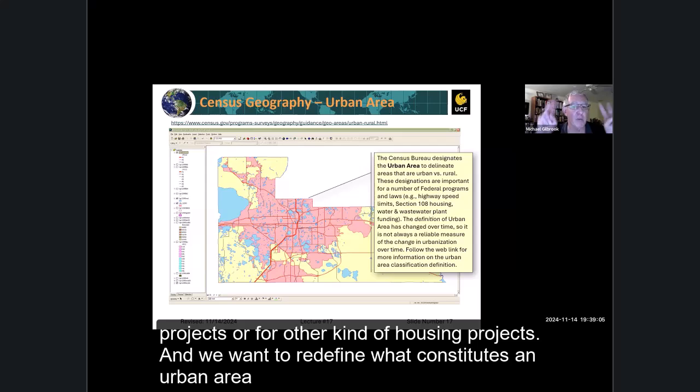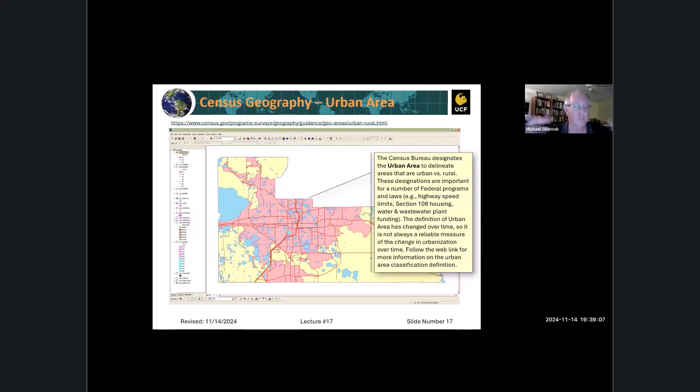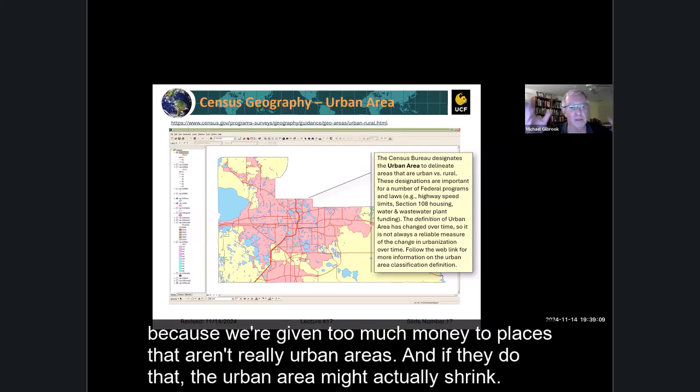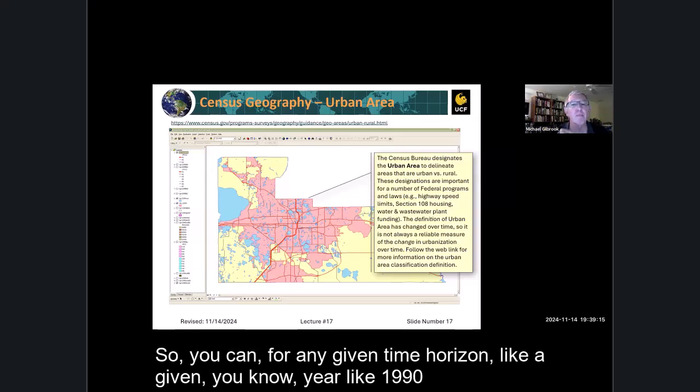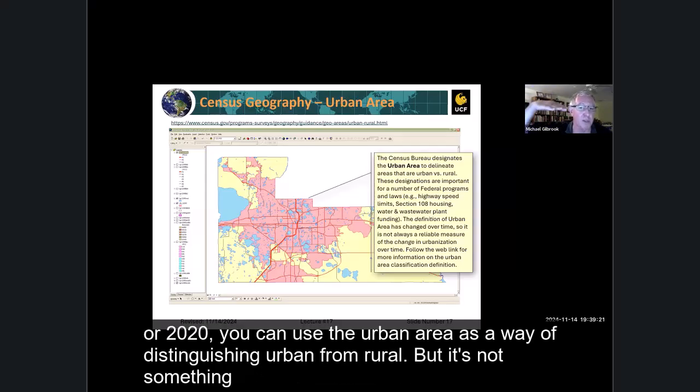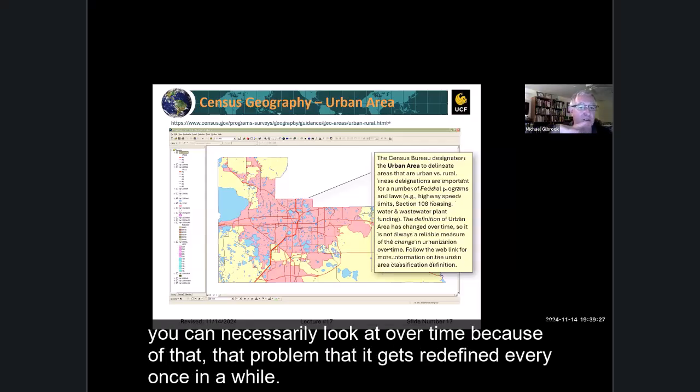And we want to redefine what constitutes an urban area, because we're giving too much money to places that aren't really urban areas. And if they do that, the urban area might actually shrink. So for any given time horizon, like a given year, like 1990 or 2020, you can use the urban area as a way of distinguishing urban from rural, but it's not something you can necessarily look at over time because of that problem that it gets redefined every once in a while.